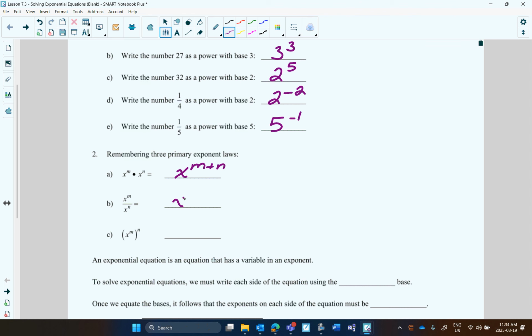Subtract if we're dividing. And if I'm raising one power to another power, multiply. We may have to do some of that as we solve the more challenging exponential equations.